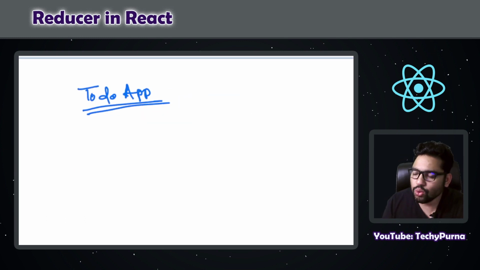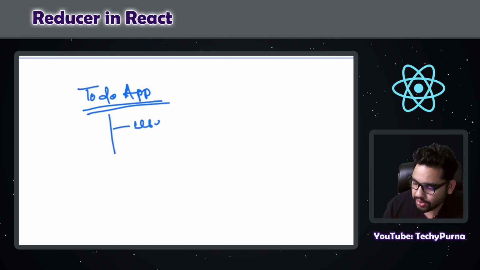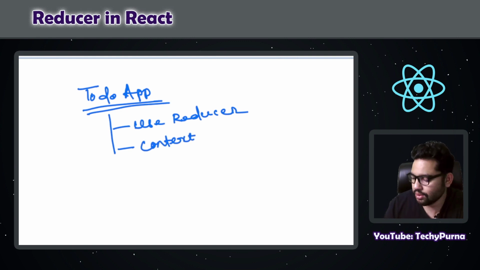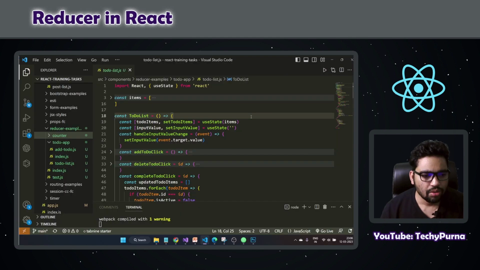So we will follow two steps to convert our to-do app. First, we will use reducer. Once the component starts working, then we will use context. Okay. So let's implement the reducer first, then we'll use context.